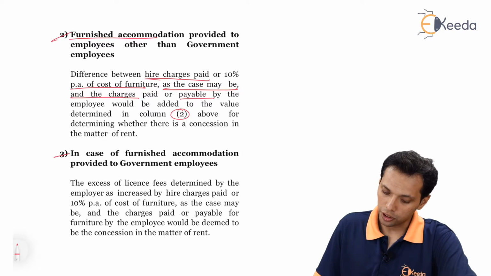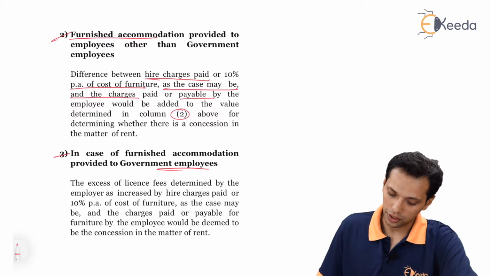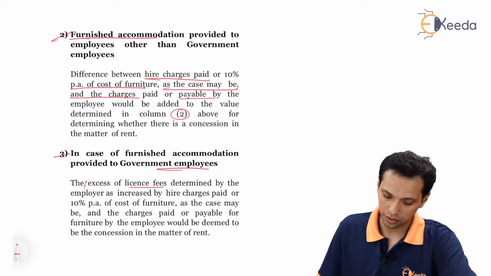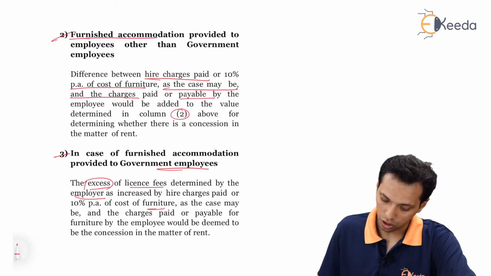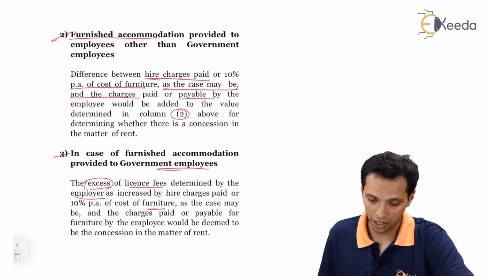In case of furnished accommodation provided to government employees, the excess of license fees determined by the employer, as increased by hire charges or cost of furniture at 10% as the case may be, and the charges paid or payable for the furniture by the employee, would be deemed to be the concession in the matter of rent.